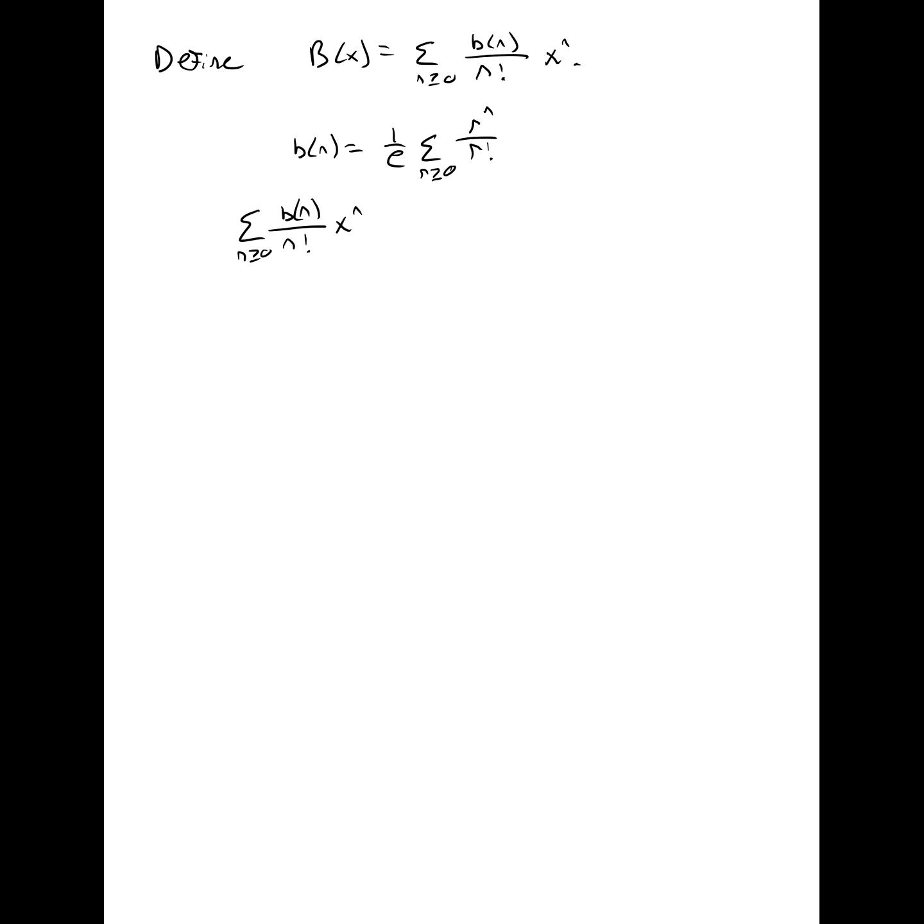Let's actually, instead of doing that, let's sum from n greater than or equal to 1. This will work out better. And we're going to do the same on the right-hand side. So I'm just going to pull out this 1 over e factor as just a constant, so it's not going to make a difference where it is.